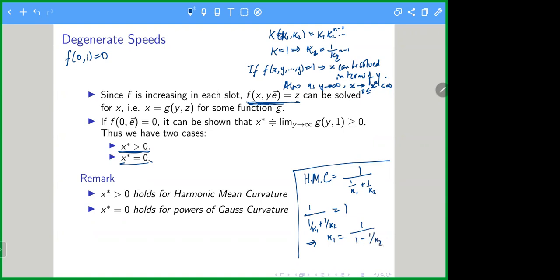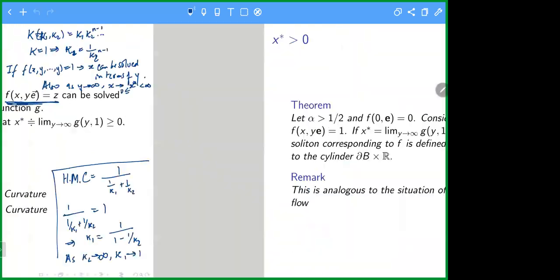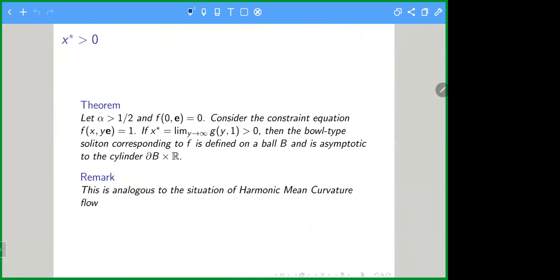Sorry, kappa 2. And so as kappa 2 goes to infinity, kappa 1 converges to 1. That's the other kind. So we have the two cases, and so my next result is okay.